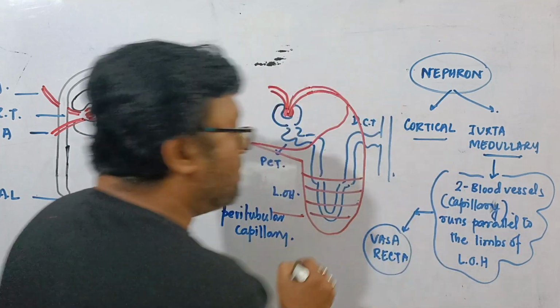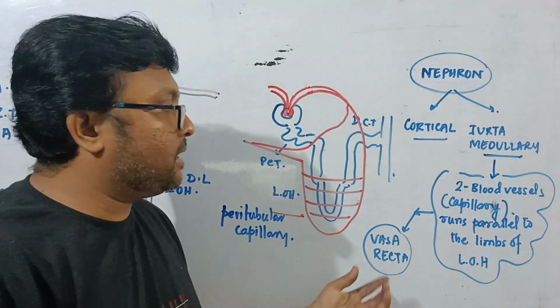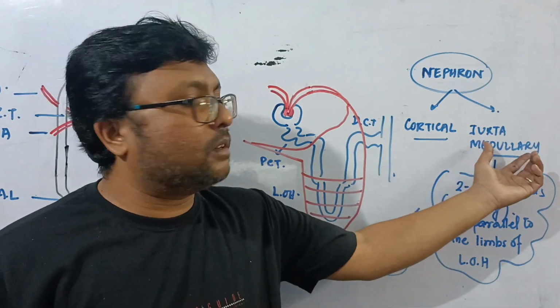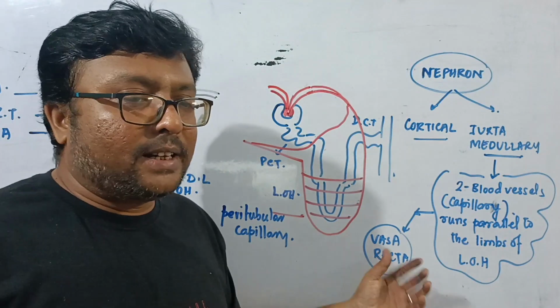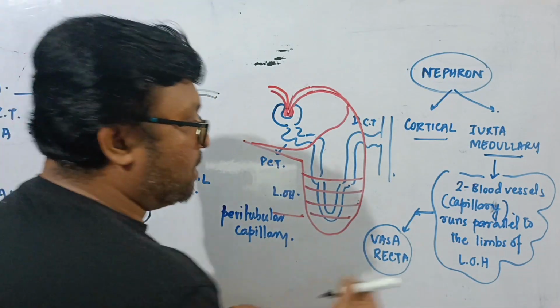So you should remember that this vasa recta is well developed in juxtamedullary nephron only.